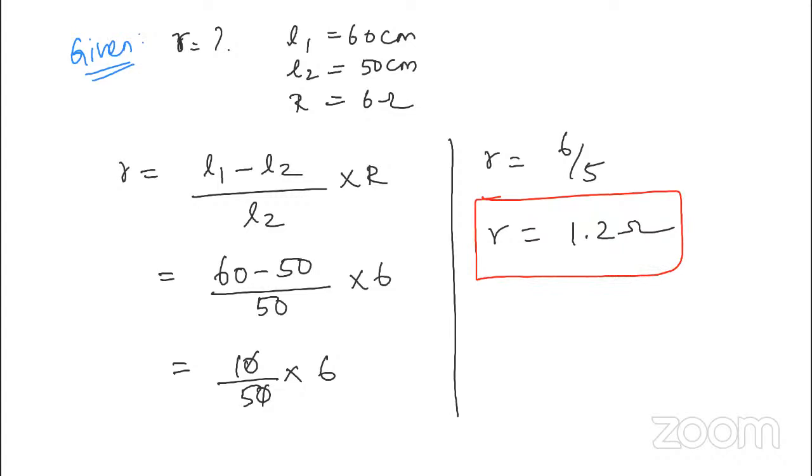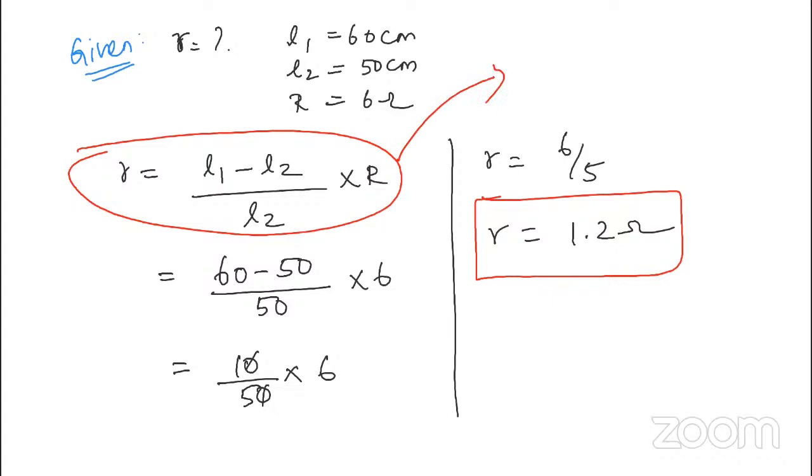Here we are using this formula. In another format we can also write r is equal to R into L1 divided by L2 minus 1, for simplification.